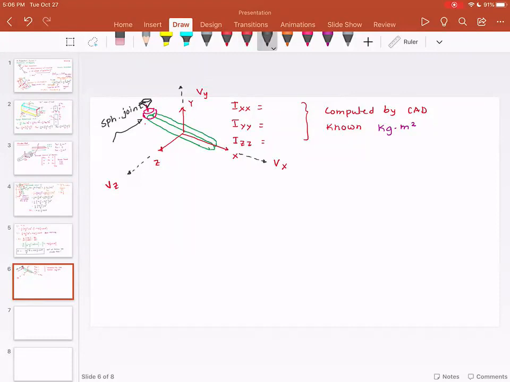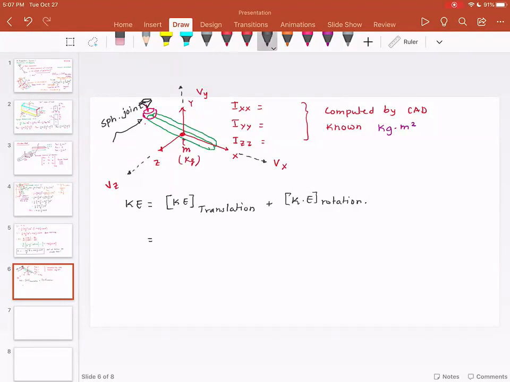Now, if I were to ask you to find the kinetic energy, the expression is kinetic energy in translation plus kinetic energy in rotation. How do we find the kinetic energy in translation? First find the total mass, and we assume this total mass m is located at the Cg.